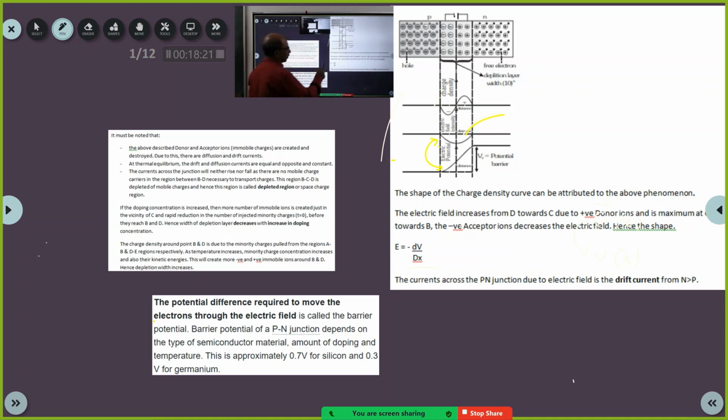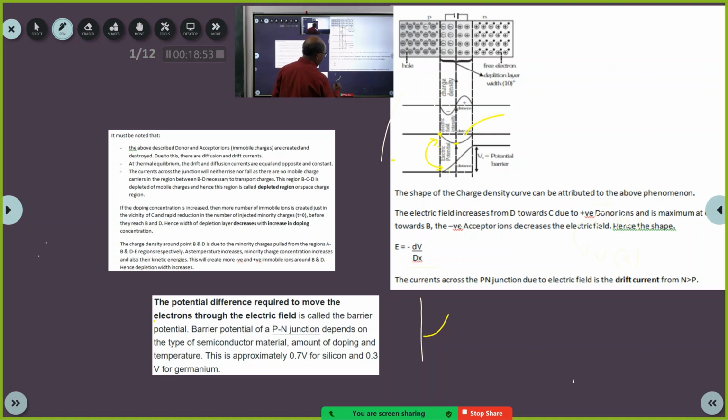It is nothing but the slope. Here the slope is maximum and here the slope becomes minimum, negative, isn't it? So if you have a curve something like this, that is the potential curve I am telling you.